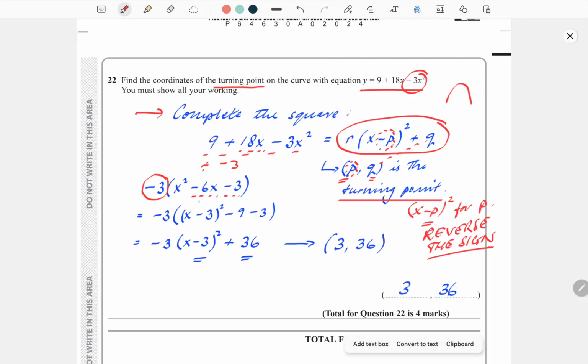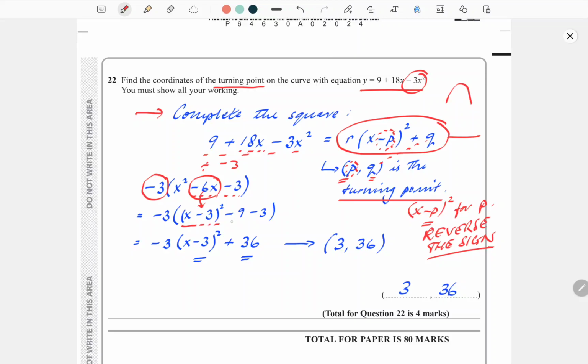The procedure for completing the square is look at the middle term there and halve it. So minus 6 becomes minus 3. So x minus 3 squared. Look at the values I've got on the right-hand side there.